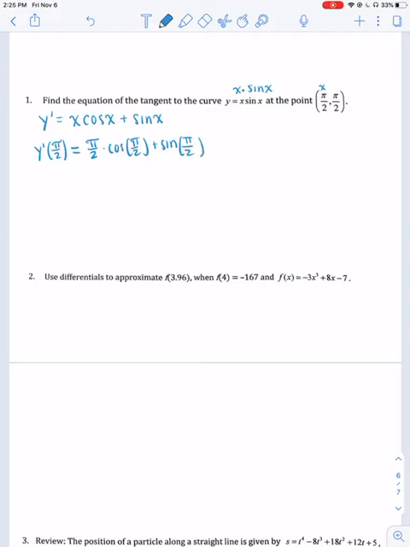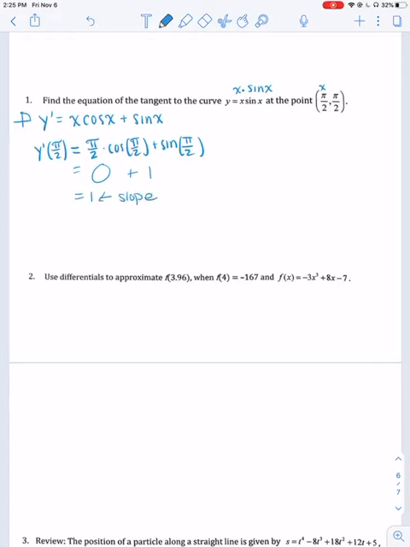And then you've got to think about your good friend, the unit circle. Pi over 2 is up here. And cosine is x, so the x value there is 0, so that means that this whole term is just 0, and then sine of pi over 2 is 1, and so this is 1, and that's going to be the slope of the tangent line.